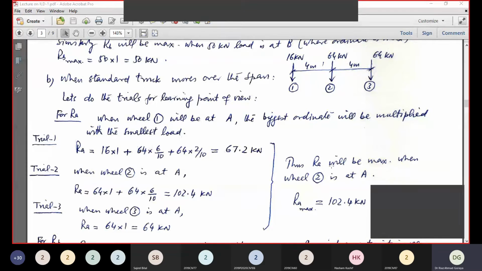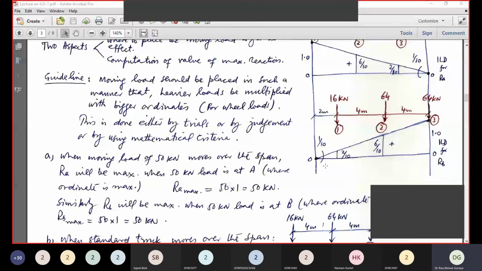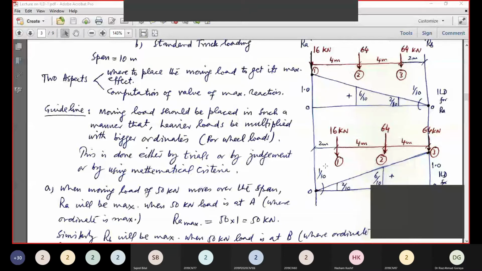That is the procedure applicable everywhere. Either we will be going through these trials, such trials, or we will be directly going by judgment. If you have any question, you can ask at this stage. Any confusion? Feel free to ask.